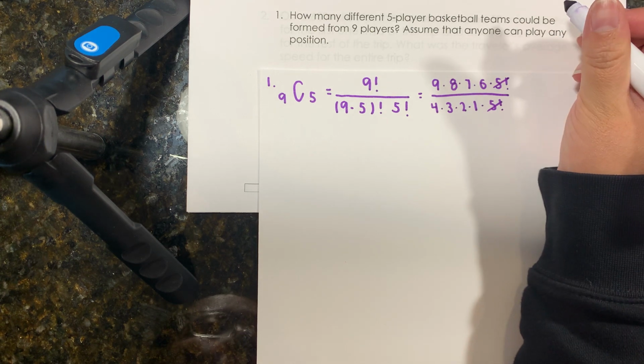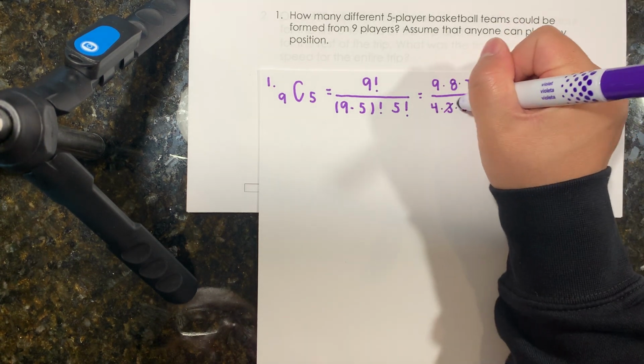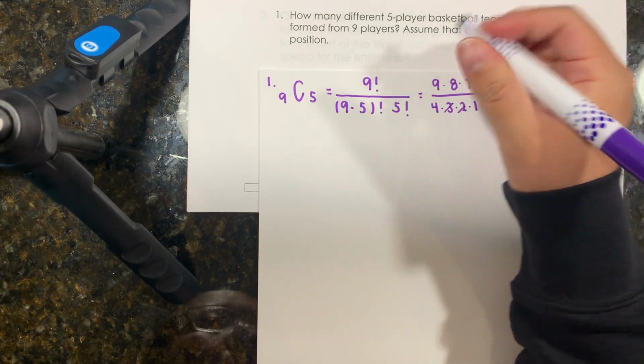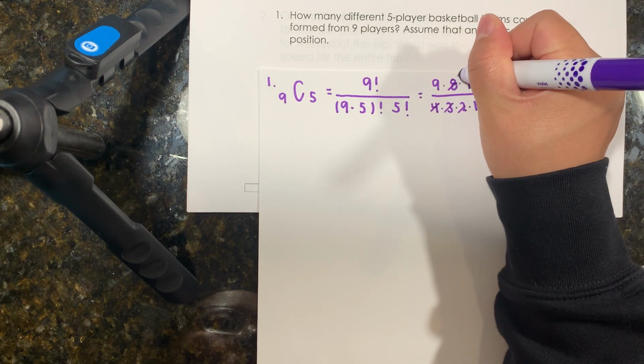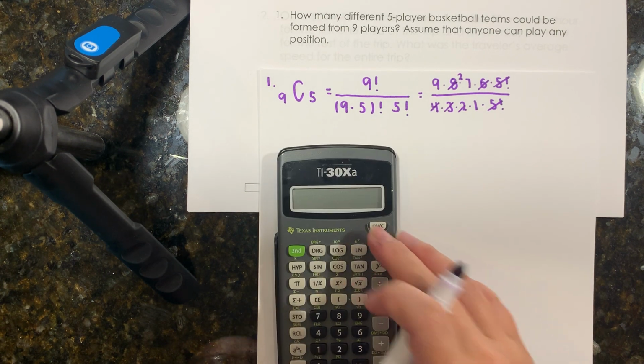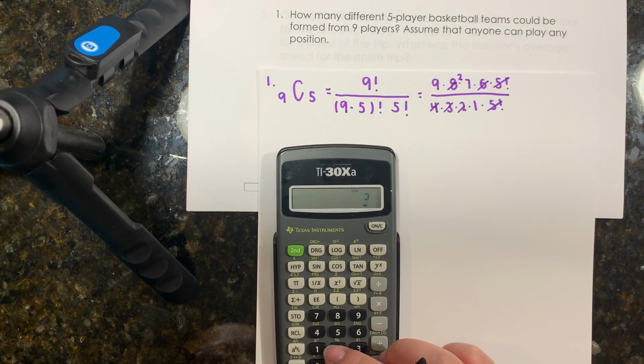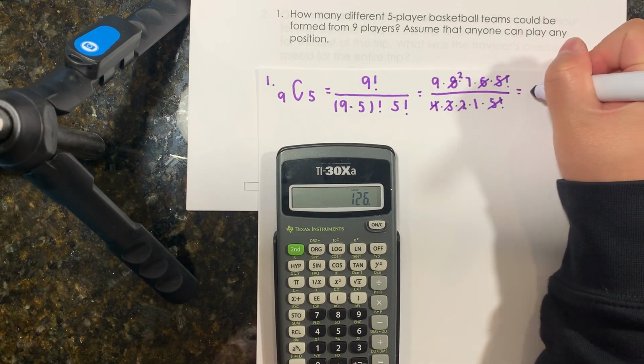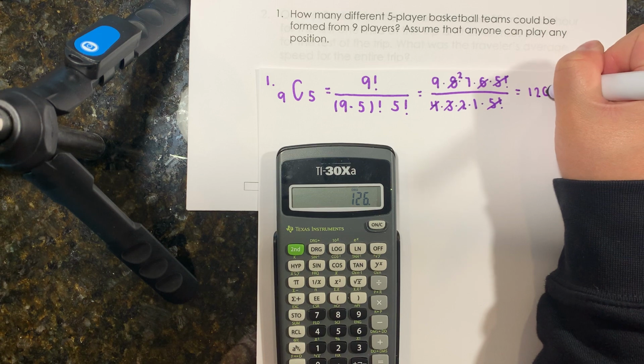The 5 factorial will cancel. Then you can do 3 times 2 is 6. 4 goes into 8 2 times. So we can multiply this out as 9 times 2 times 7. And that would give you 126.